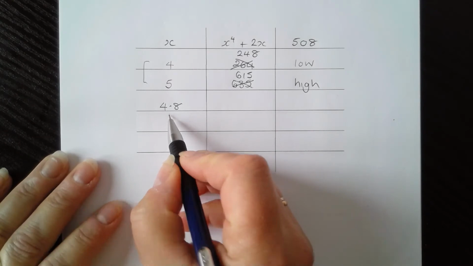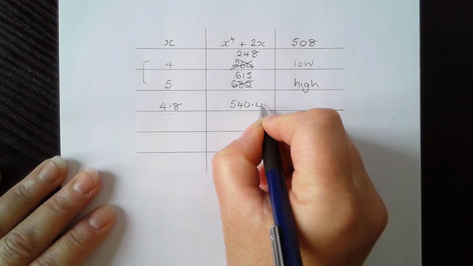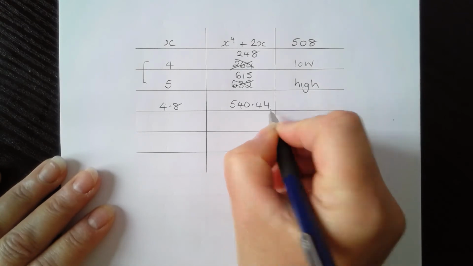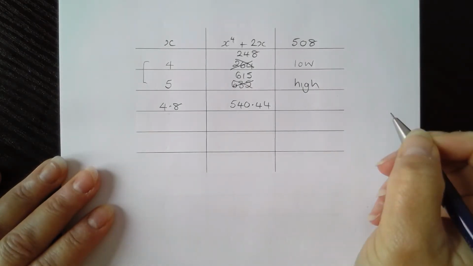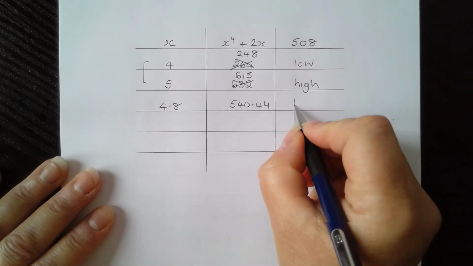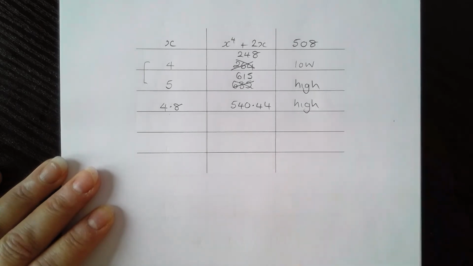X is 4.8, should give me, which is 2. Now I have worked these out before, so I have just double checked them, so I know I'm right.